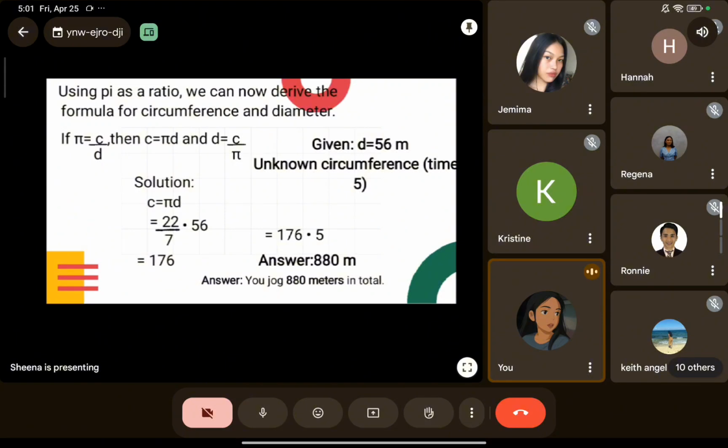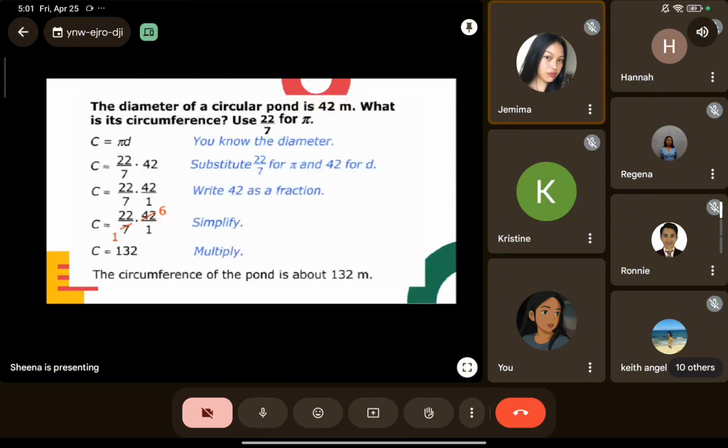Do you understand? Okay, proceed. Another problem: the diameter of a circular pond is 42 m. What is its circumference? Use 22/7 for pi.